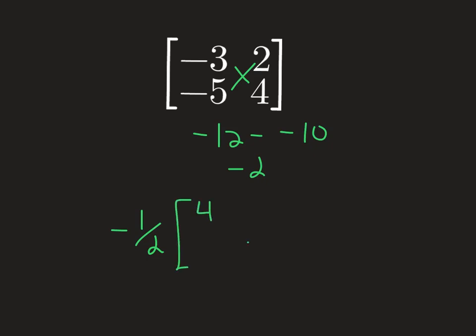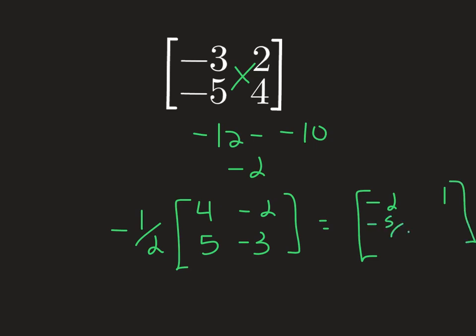Switch places with the 1st and the 4th, change signs on the other 2, and then to finish up, I'm just going to distribute the -1/2. -1/2 times the 4 is -2. -1/2 times -2 is 1. -1/2 times 5 is -5/2. -1/2 times -3 is +3/2. And that's all there is to it.